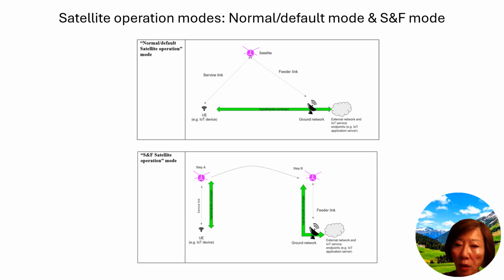The ground network interfaces between the satellite system and conventional terrestrial networks, allowing seamless integration of satellite-based IoT devices with existing infrastructure. This setup is specifically designed to support IoT use cases where devices in remote or widespread areas need to communicate with centralized application servers.